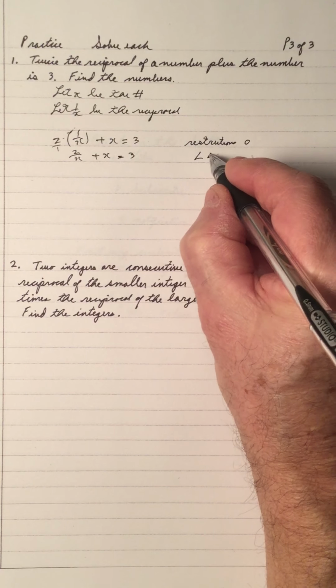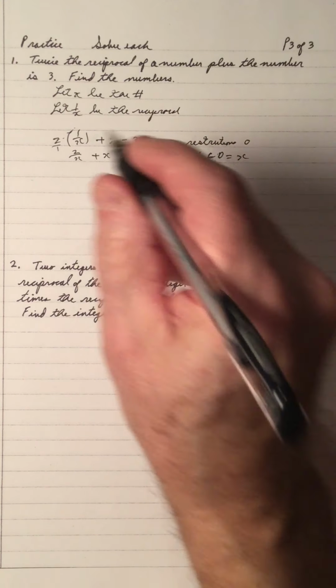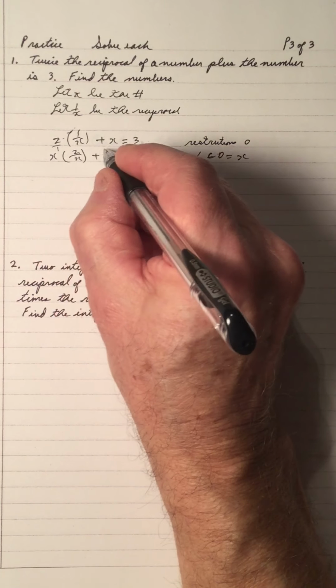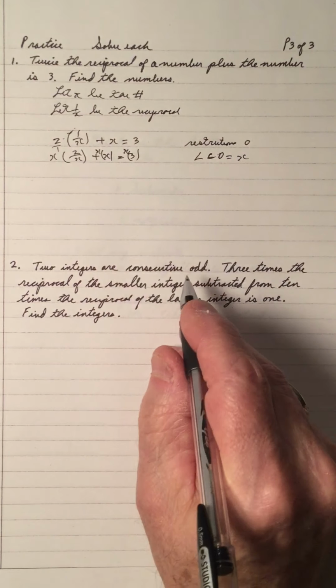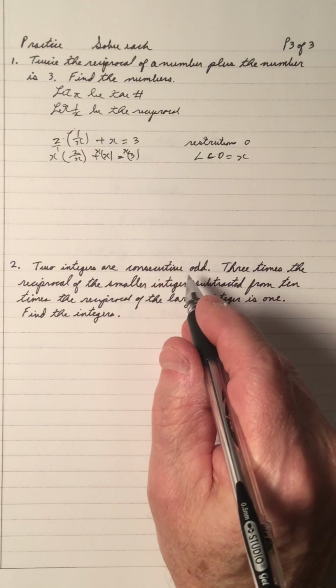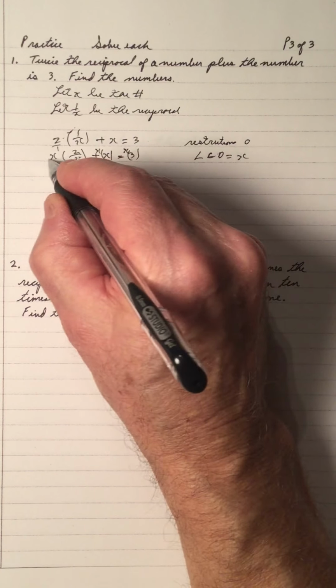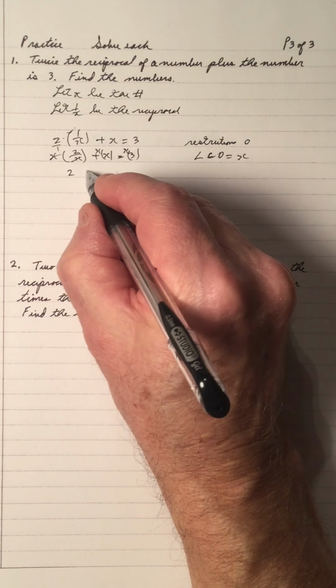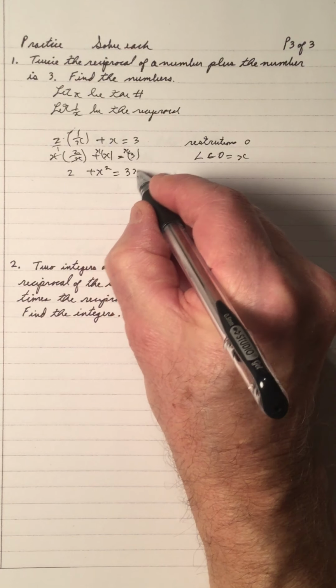So there's only one denominator and it's x, so the LCD is x. So we'll multiply every part of the equation by x. That will cancel the denominators. So x times 2 over x, the x cancels and I get a 2. X times x is x squared. And x times 3 is 3x.